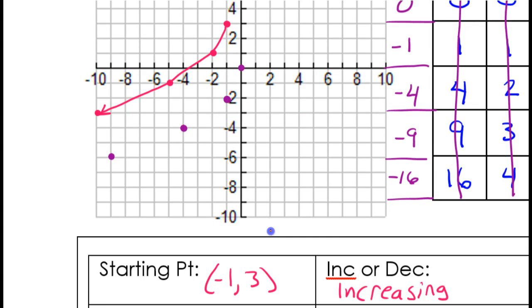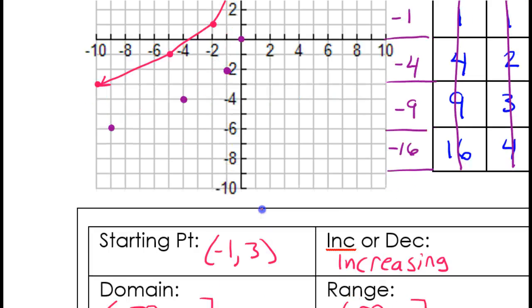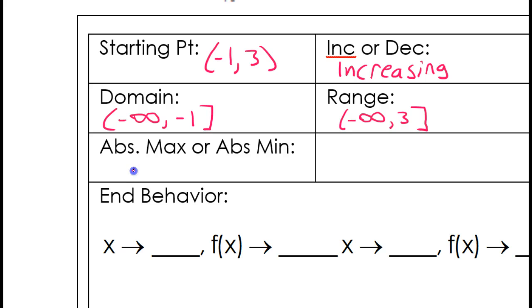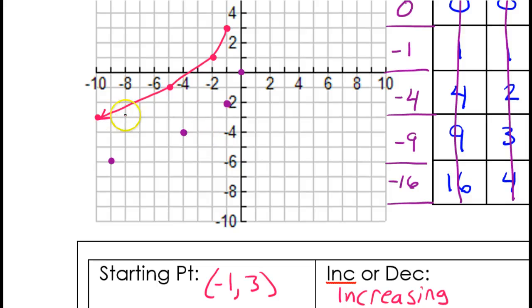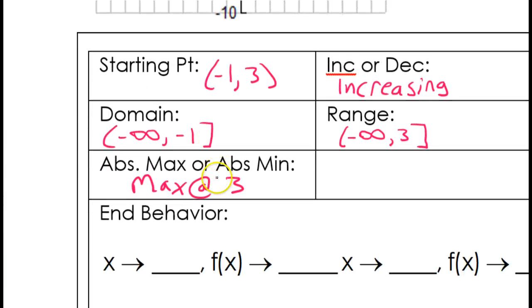When we talk about max and min, we are really just talking about the y value. So this has an absolute max at 3, just the y value. There is no absolute min. It goes down forever.